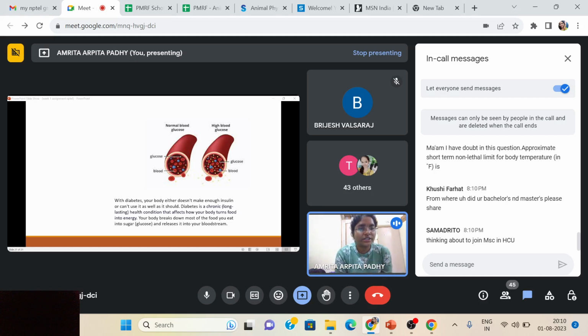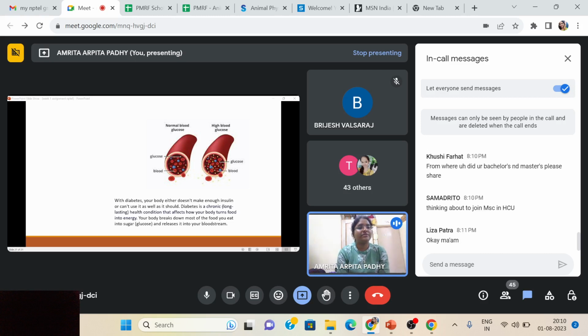From where you did your bachelor's and master's, please share. I did my bachelor's in Odisha from Berhampur. I'm not sure if you have heard of that city. And in Berhampur, I was studying in Khalikot College. And after BSc, I did my master's in Central University of Punjab. I cleared the CUSET exam and then I was studying in Punjab, and after that I joined PhD in HCU.